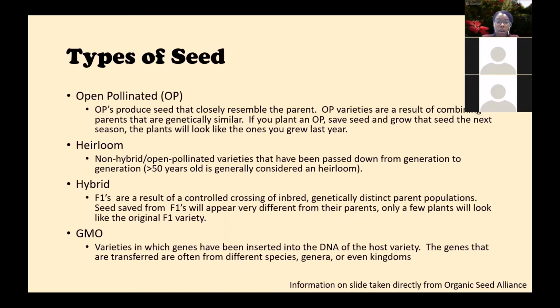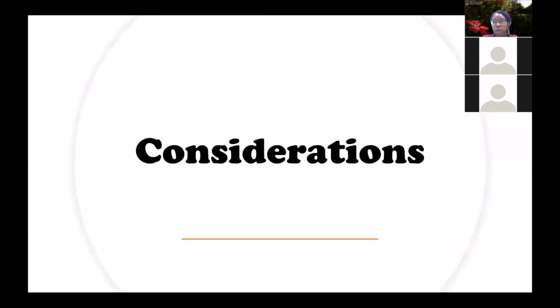Now, just to go back to some more considerations, when you're looking to save seed, there's some planning that goes into it in the beginning. So when I say in the beginning, we talked about the types of seeds. So you want to know which plants to get, where you're going to plant your plants.